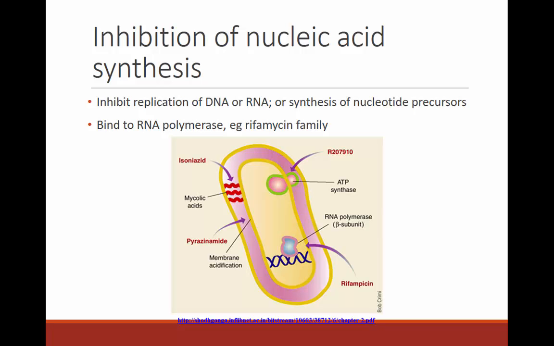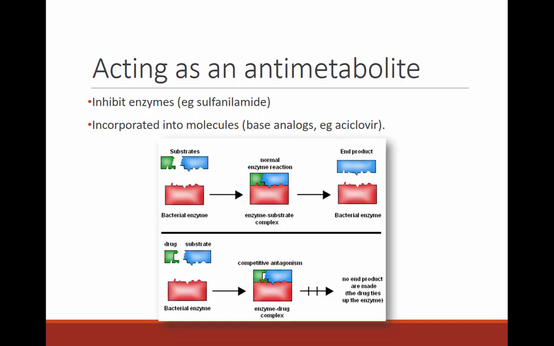So nucleic acid synthesis, we spoke about that, but basically it's inhibiting the DNA or RNA. If that's not replicated, then the cell can't replicate itself. Acting as an antimetabolite, it's incorporated into molecules, as I said.